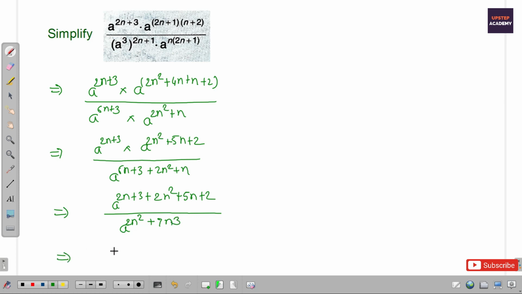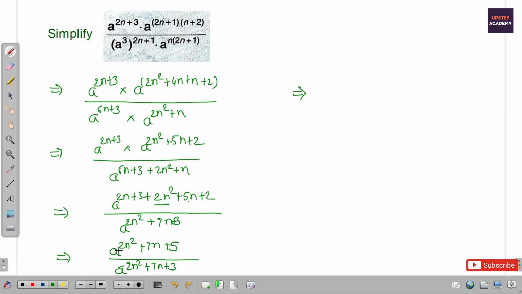Next step would be a to the power twice n square first, twice n square plus 2n plus 5n is 7n, plus 3 plus 2 is 5, and this divided by a to the power twice n square plus 7n plus 3, here is the plus sign guys. In the next step, I will write the next step.